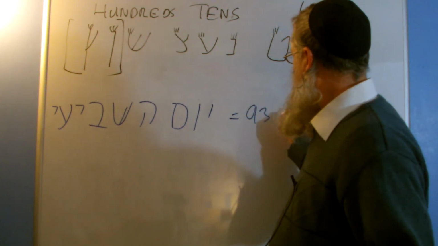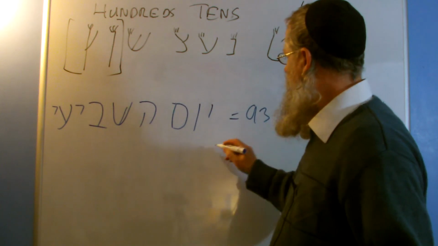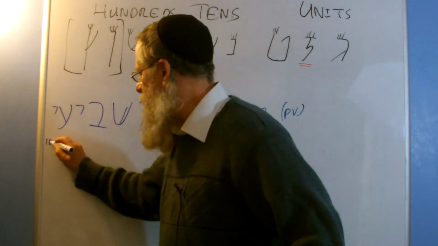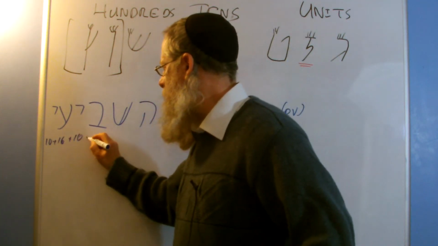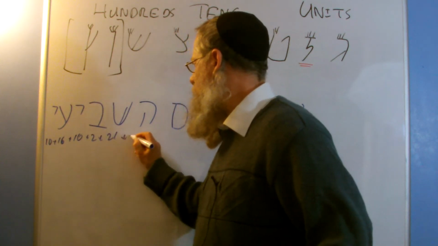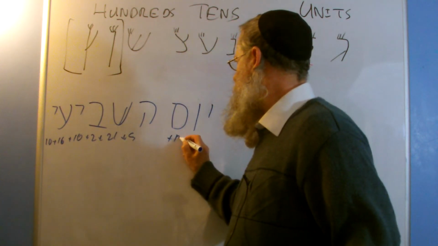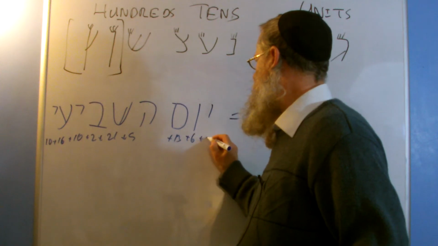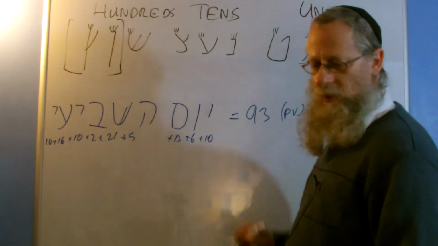We're talking about the placement value. It's 10 plus 16 plus 10 plus 2 plus 21 plus 5 plus 13 for the mem plus 6 plus 10 for the yud. That should give you 93.